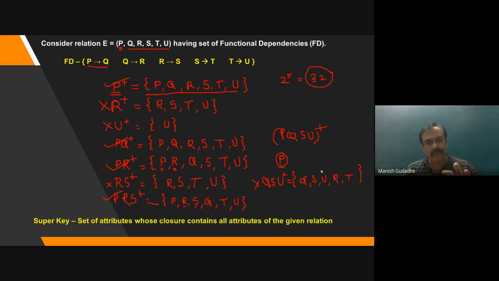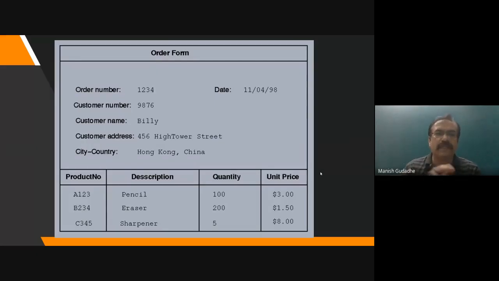It is very important to understand the need of normalization. Then only will the process of normalization become easy for you. So we'll see what the need of normalization is. The customer will say, okay, this is the order form I generally generate, now prepare a database for this.